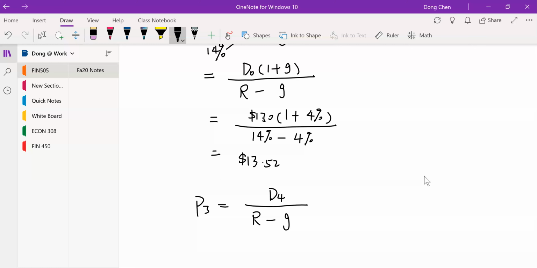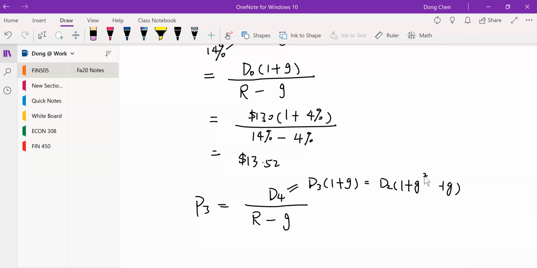Since we know the growth rate of dividend, the relationship is that D4 equals D3 times 1 plus g, right? And further, D3 equals D2 times 1 plus g, and then we need to multiply this 1 plus g, so this will give us the square.